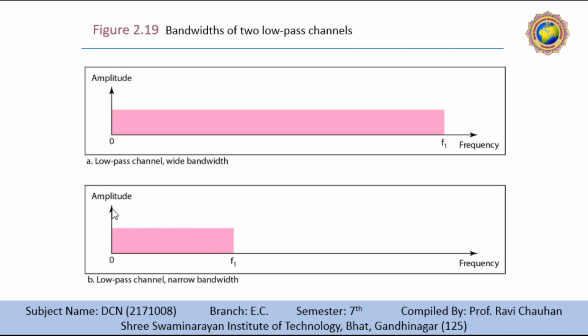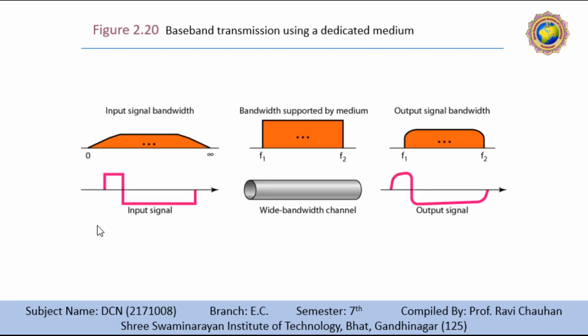So let us study some cases of baseband communication: a low pass channel with a wide bandwidth and one with a limited bandwidth. If we want to preserve the exact form of a non-periodic signal with vertical and horizontal segments, we need to send the entire spectrum, the continuous range of frequencies between zero and infinity.